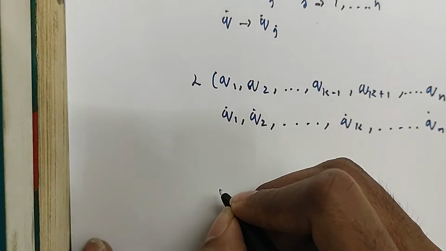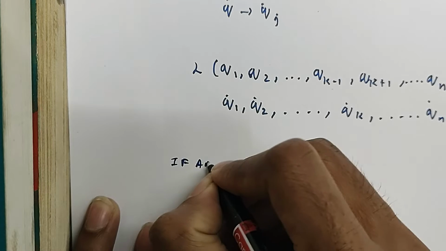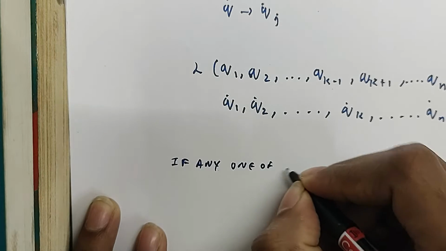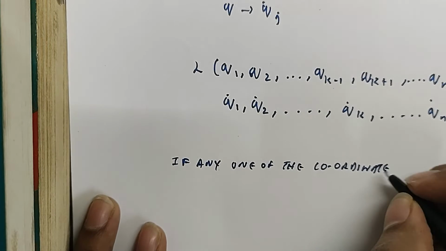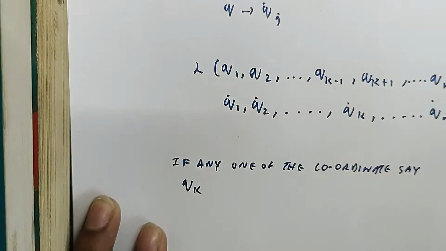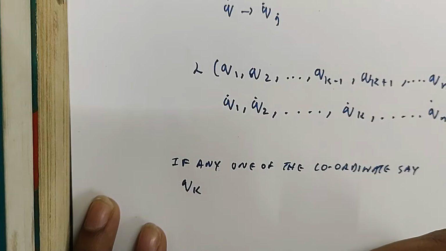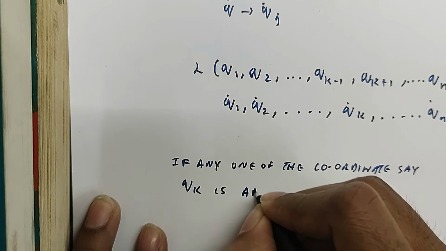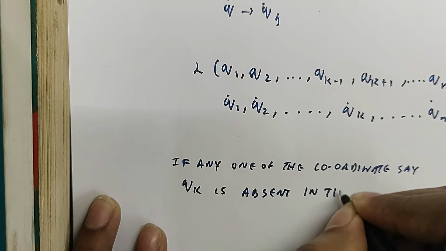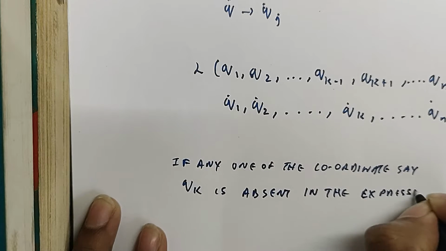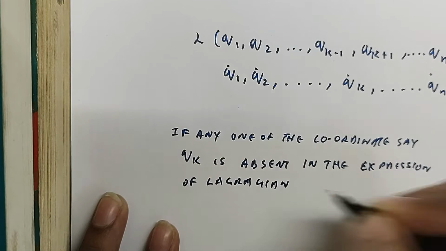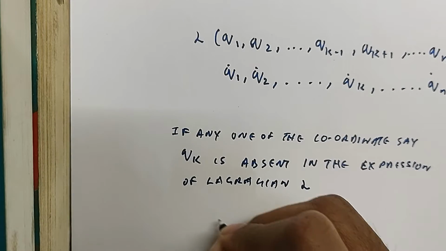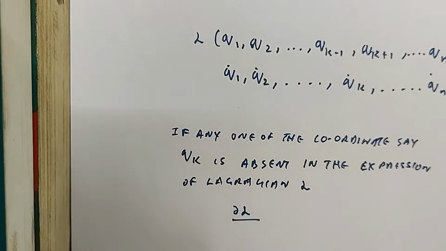So I say if any one of the generalized coordinates, say qk, is absent in the expression of the Lagrangian, then the partial derivative of the Lagrangian with respect to qk will vanish.